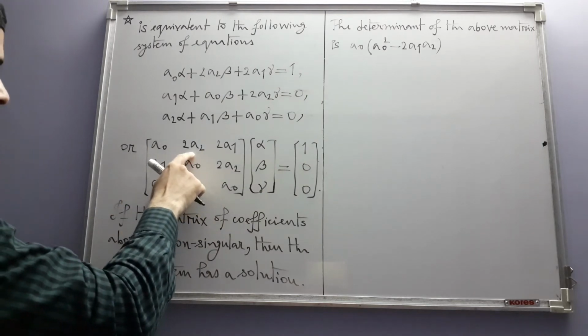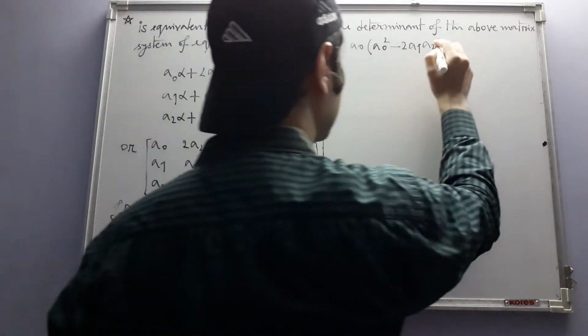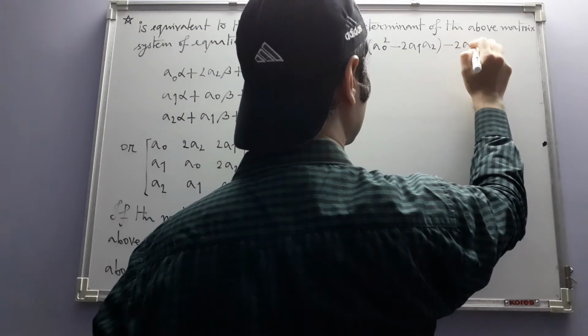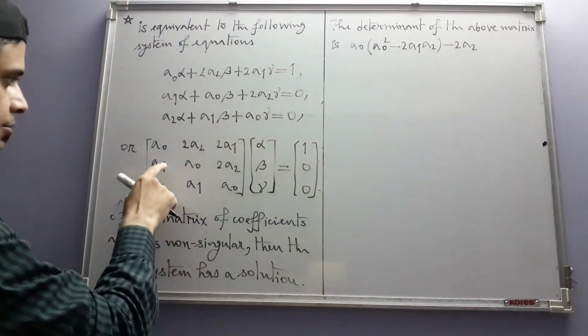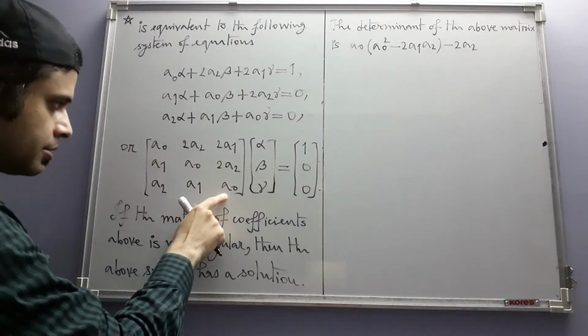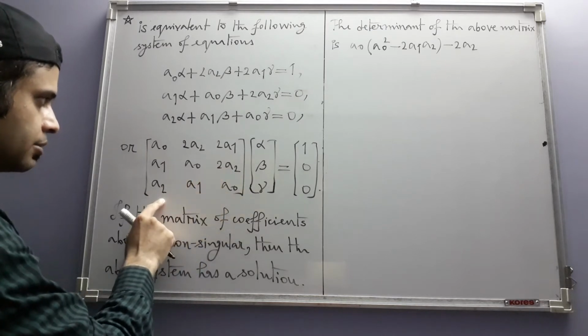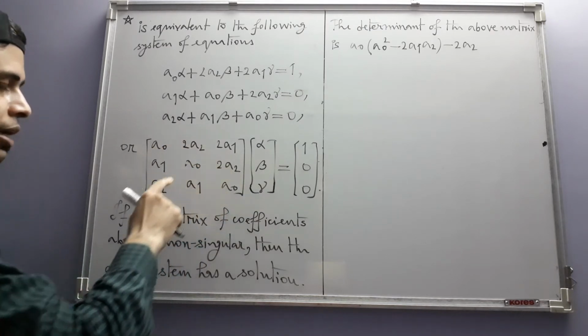Then this element minus 2A2 times this minus this times this. That is the element by which you are multiplying.